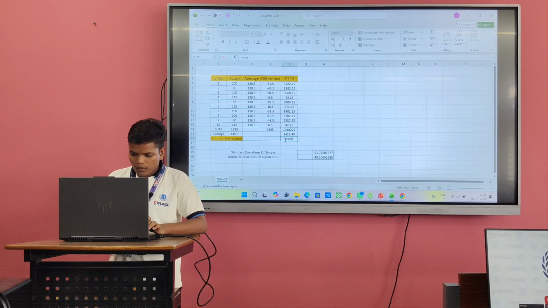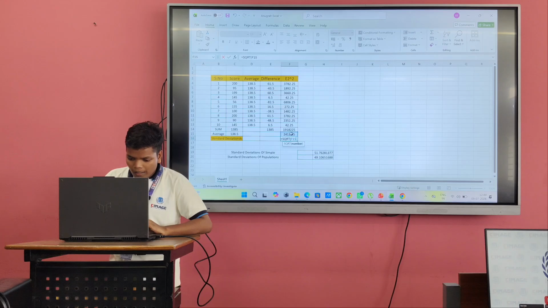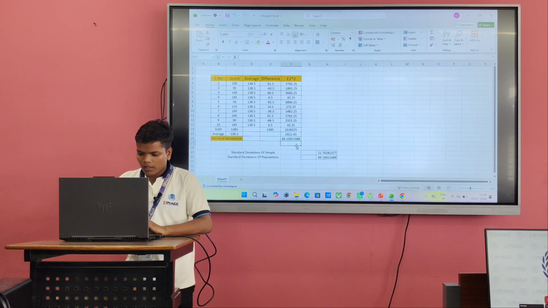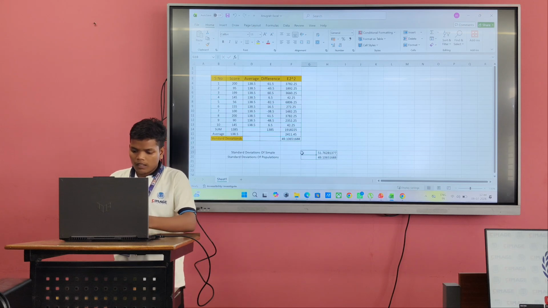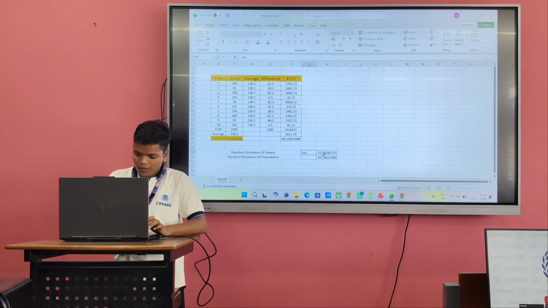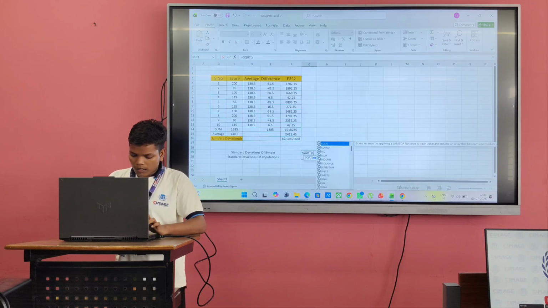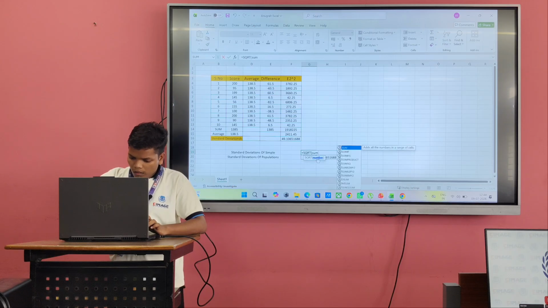Equal to S, select this data, F15, bracket close, and again put the formula SUM, bracket open.